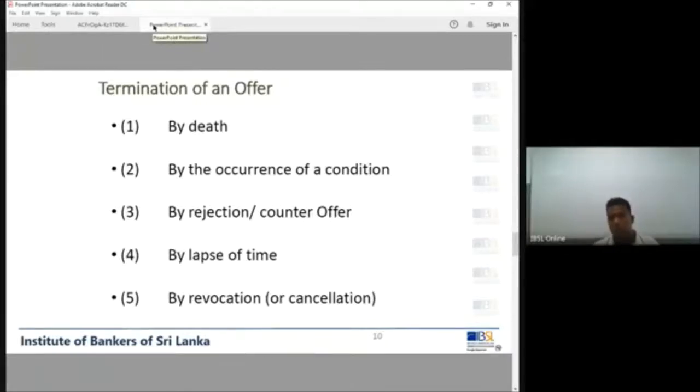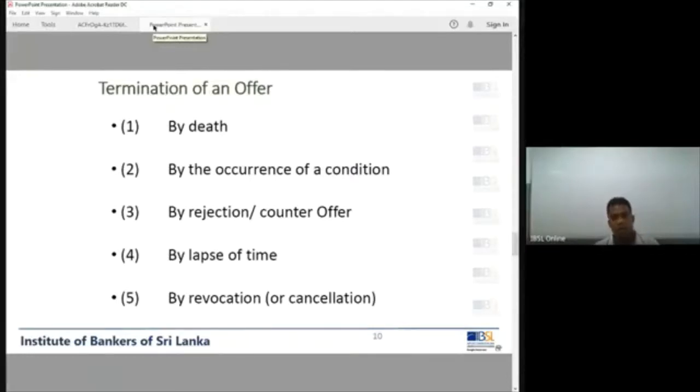For example, if I offer to sell my vehicle and the vehicle is destroyed before we enter into the contract, then the offer is not valid, because even if it is accepted, I can't perform the contract because the subject matter is destroyed by the occurrence of an incident or condition. Therefore, we consider the offer terminated.